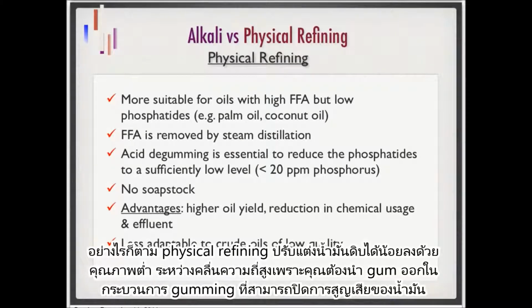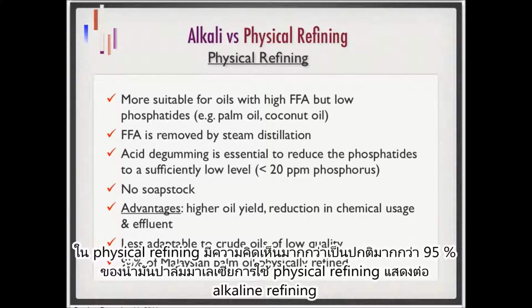However, physical refining is said to be less adaptable to crude oils of low quality, which contain a high amount of phosphatides, because we need to remove the gums in the degumming process, which can cause or increase the losses of the oil. In Malaysia, actually, physical refining is more popular. So actually, more than 95% of Malaysian palm oil uses physical refining as opposed to alkali refining.